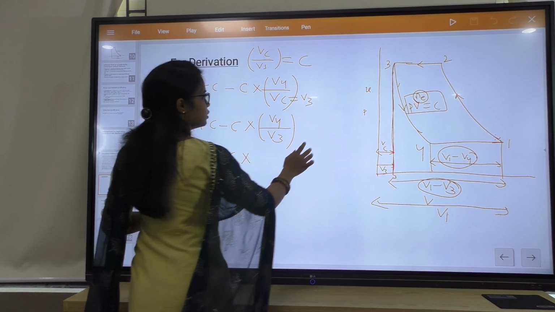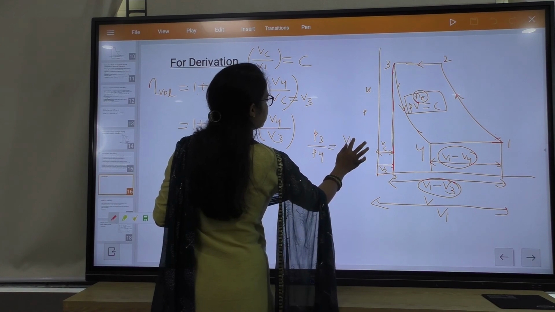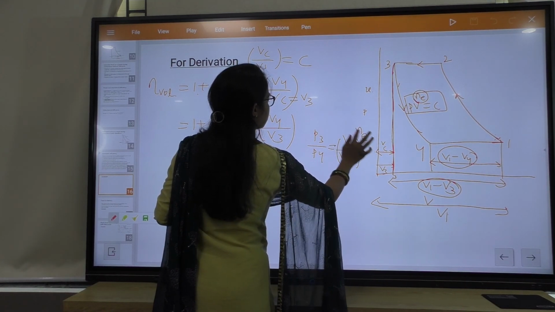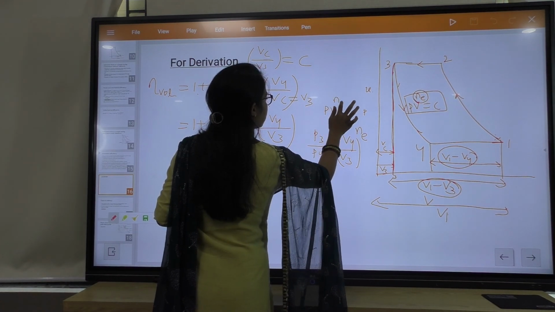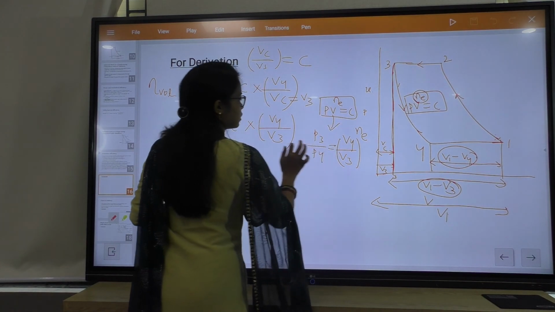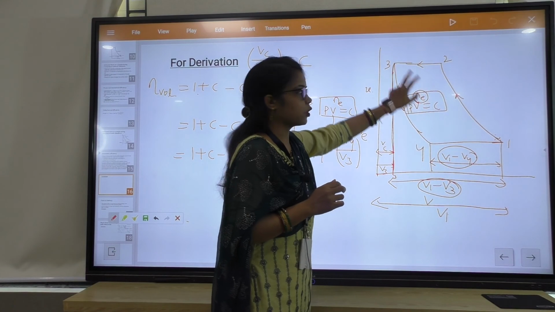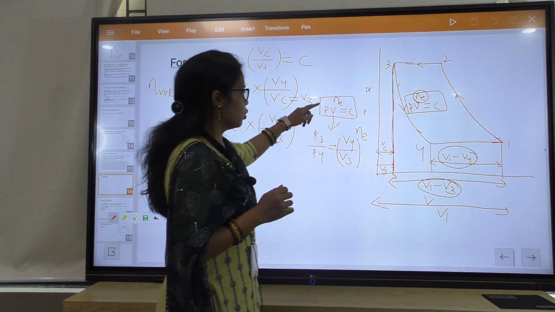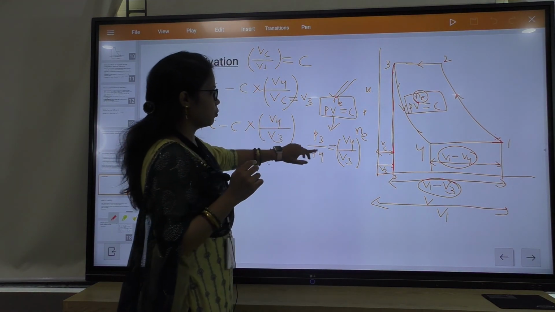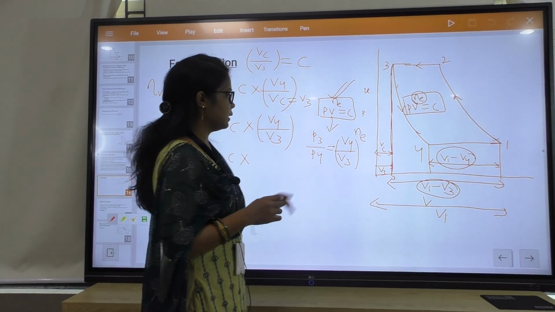So you can write P3 divided by P4, that is equal to V4 divided by V3 to the power Ne. Okay, because P V to the power Ne is equal to constant. From this you can derive this. Okay, because 3 to 4 process is from the 3 to 4. So when the law is this, you can derive the formula P3 by P4 is equal to V4 by V3 to the power Ne.